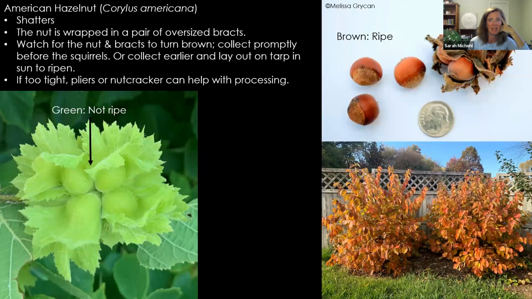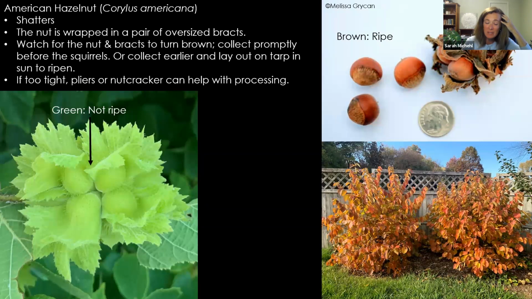And I guess you have to lay them on a tarp in a place where the squirrels can't get them, right? Because otherwise it's just a squirrel buffet. And just let them ripen in the sun. And this is one that if it's hard to physically separate out the nuts, you can use a pliers to kind of break them apart.